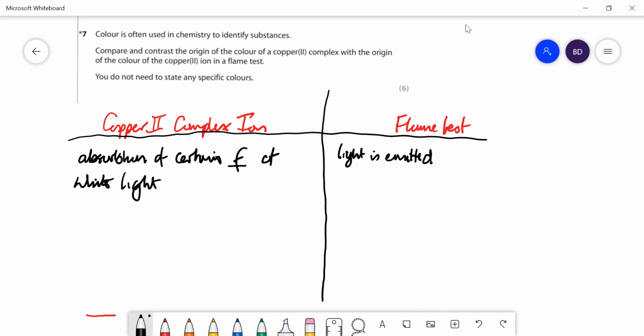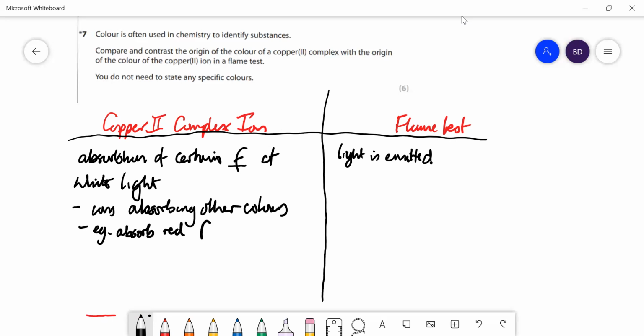For example, copper 2 tends to look blue, and that's because the ions are absorbing other colors except blue. It's only the blue light which is transmitted through the solution. So it absorbs red light, red frequencies, so it appears blue.